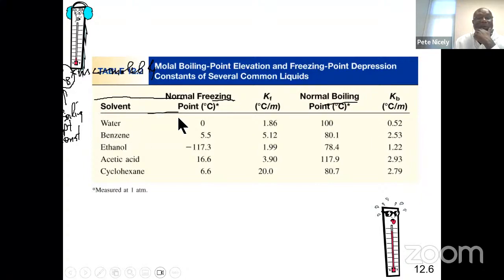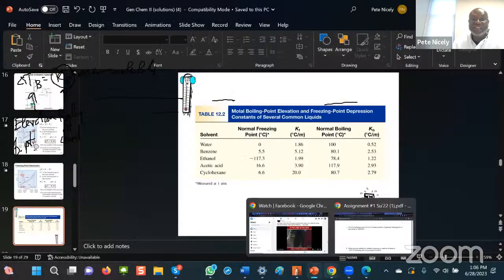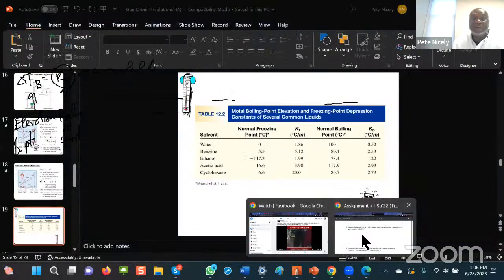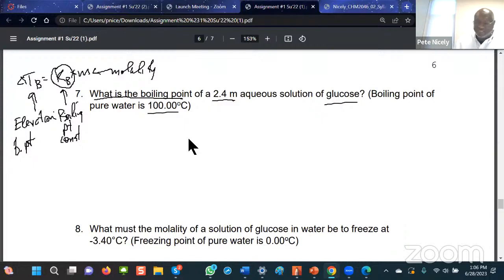For water, the KB value is 0.52, and these will be the units, degrees Celsius over M. So let me go back to the question itself. So basically, KB will be equal to 0.52 degrees Celsius over M.